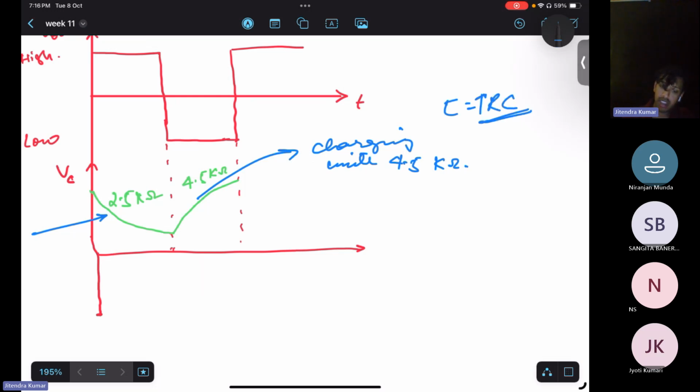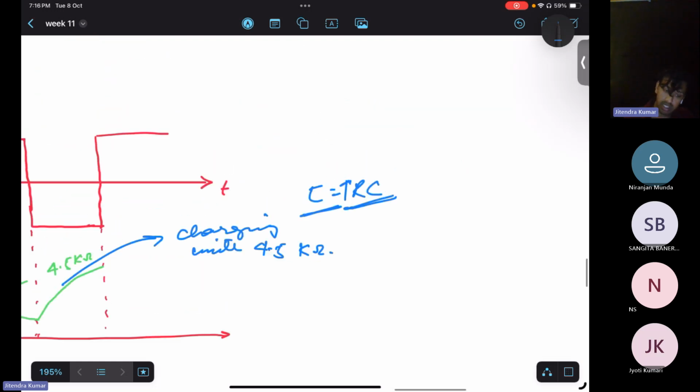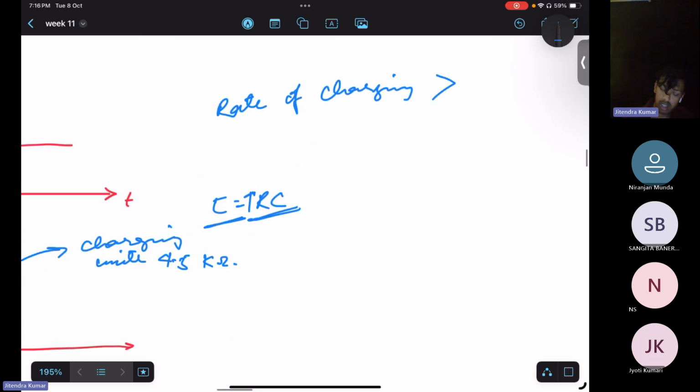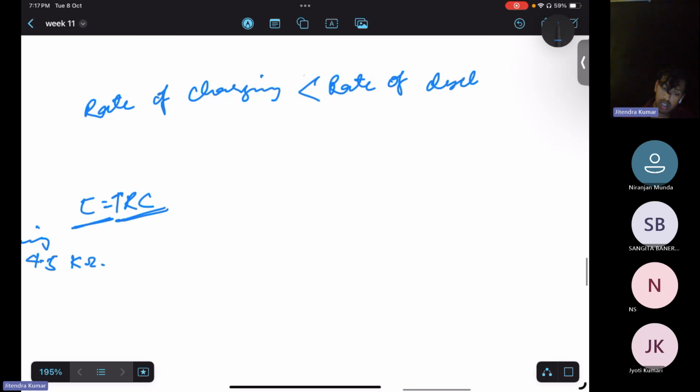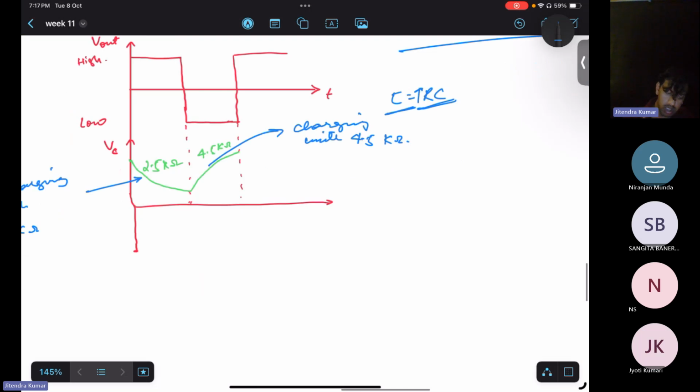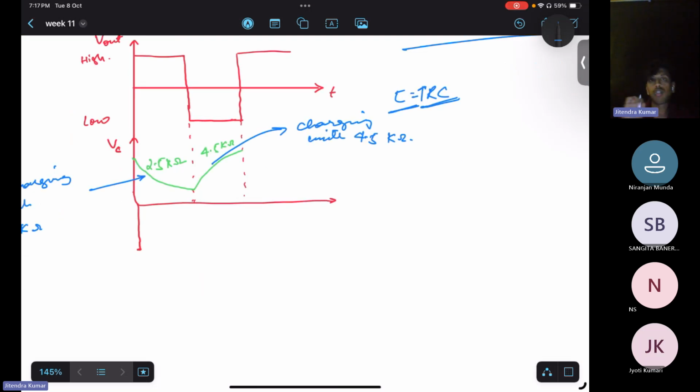If R is higher, the time constant is higher. So the rate of charging will be slower compared to the rate of discharge, because it has more resistance. So this is how it is going to charge.